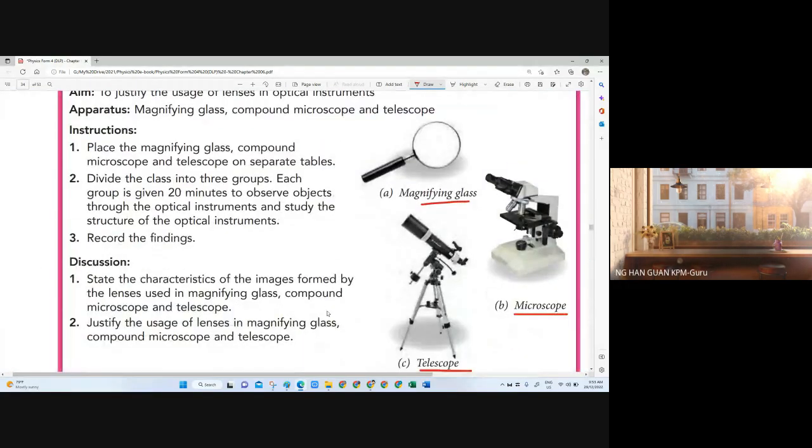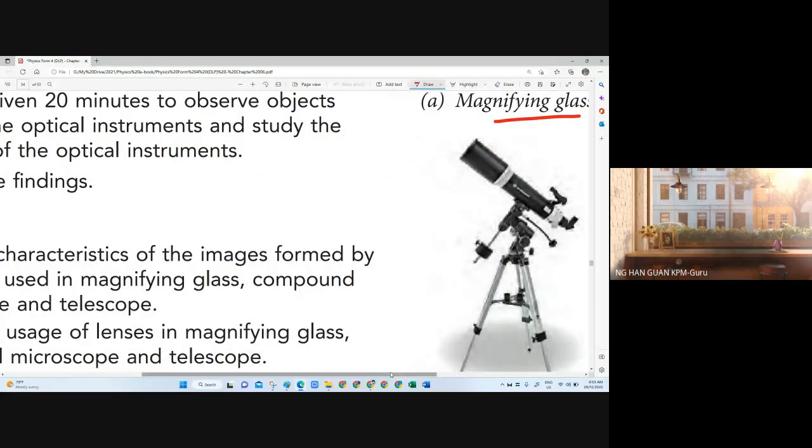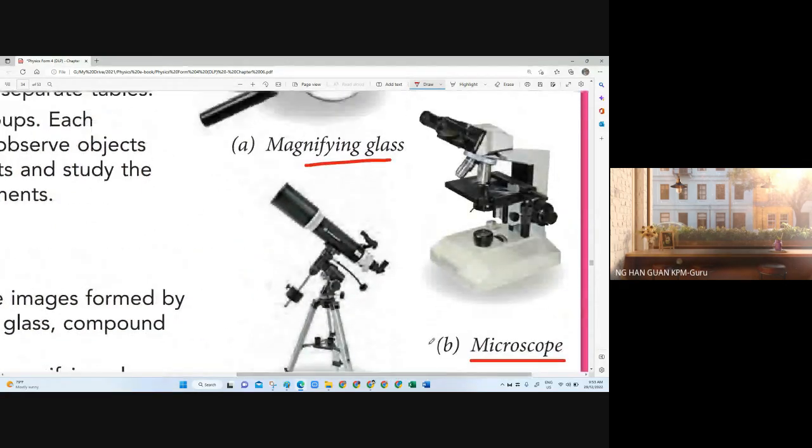For the microscope, we put our eyes here, so the lens here is the eyepiece lens. Then we have another lens here, facing the objects, so this is the objective lens.